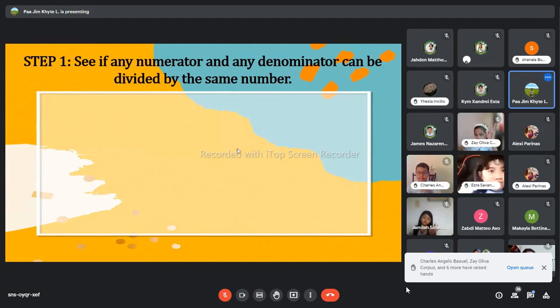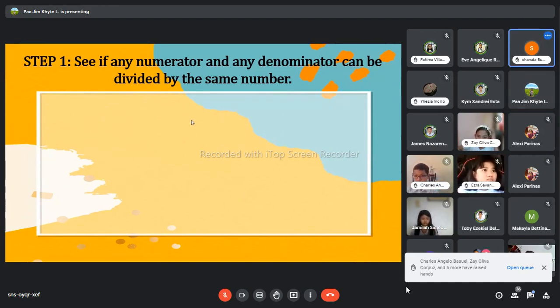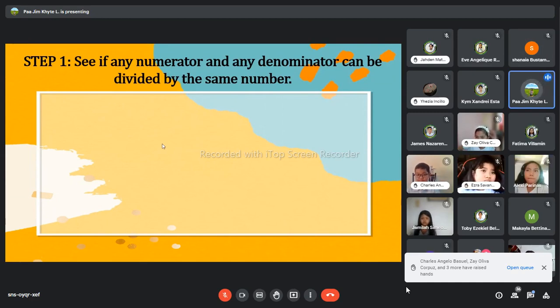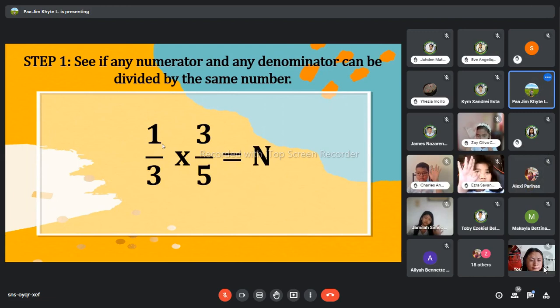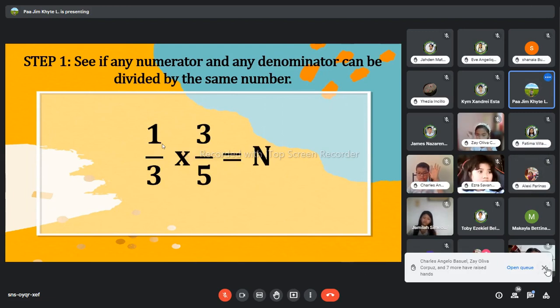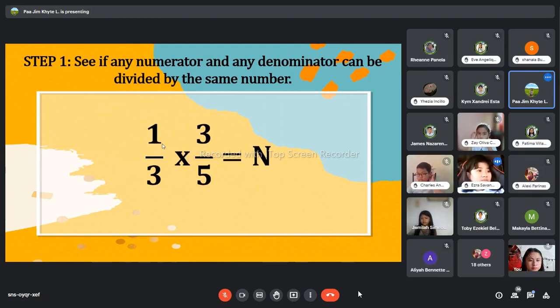Shania? See if any numerator and any denominator can be divided by the same number. So let's take a look at our equation. Kindly read our equation. Ezra? 1/3 times 3/5 equals 1/5.